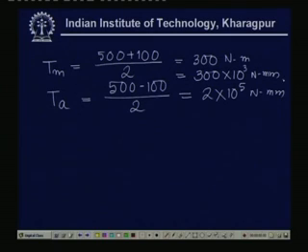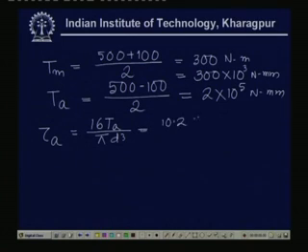That means the stress amplitude will be 16 Ta by pi d cube, and if you put the values, it comes out to be 10.2 into 10 to the power 5.